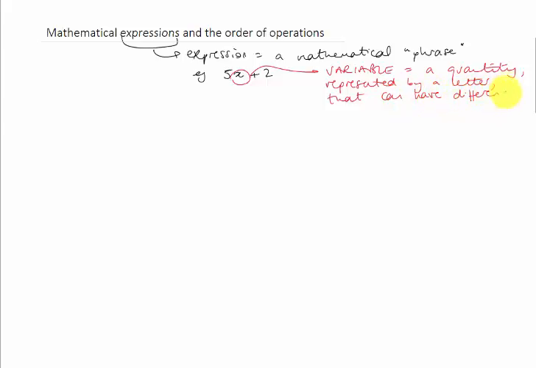And normally variables are represented by letters at the end of the alphabet, like x, y, z. So an expression can contain a variable, but it doesn't have an equal sign. We'll come to those in a minute.